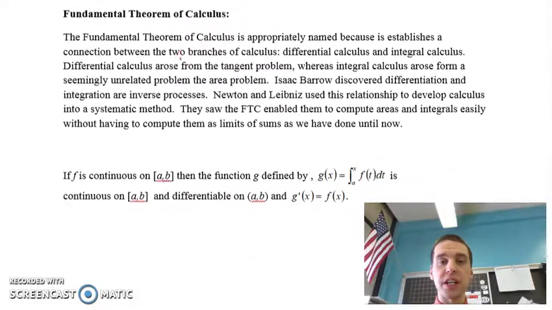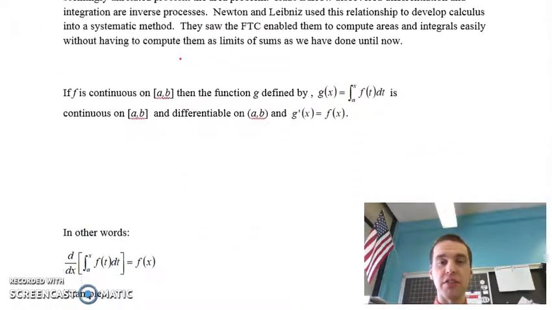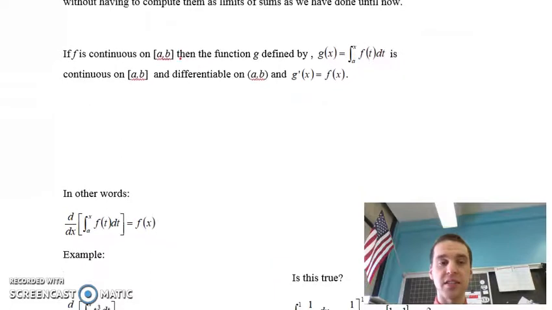What you guys worked on in the discovery portion of last class was right here: the derivative of an integral from a constant a to any x value of a function f of t equals the function with respect to x. And why is it with respect to x? Because the integral has a variable x that can move anywhere.